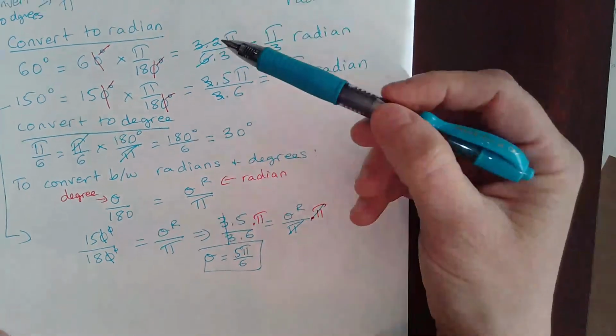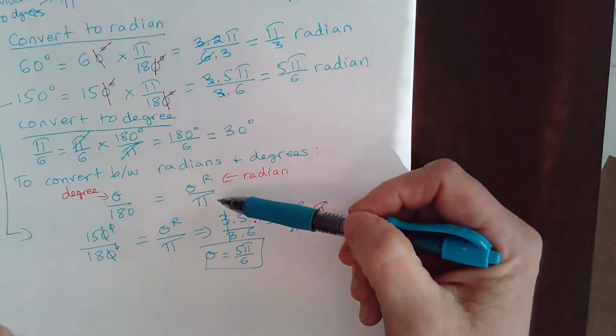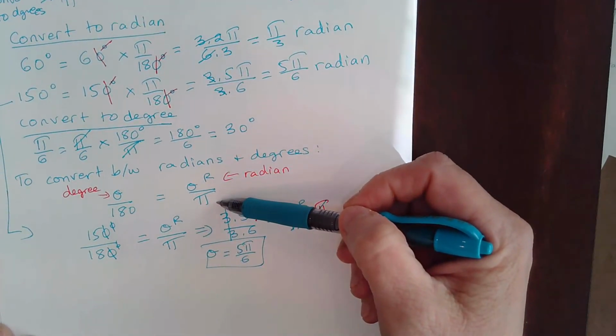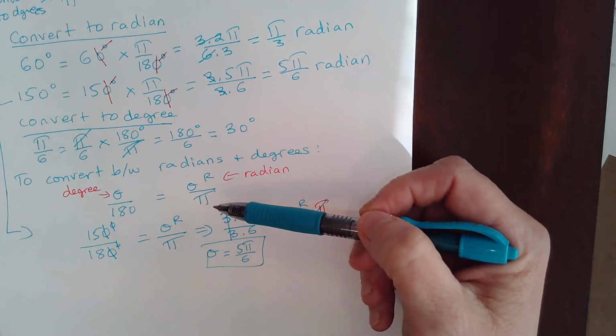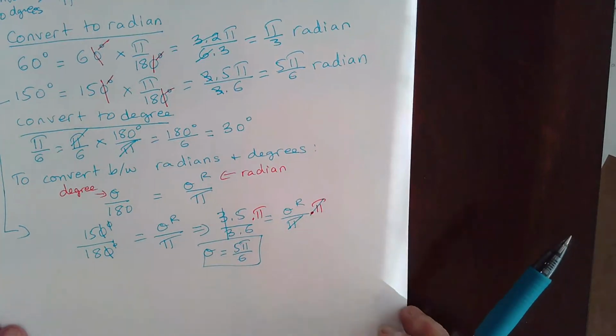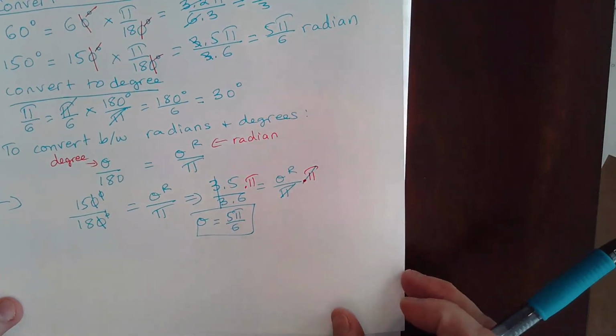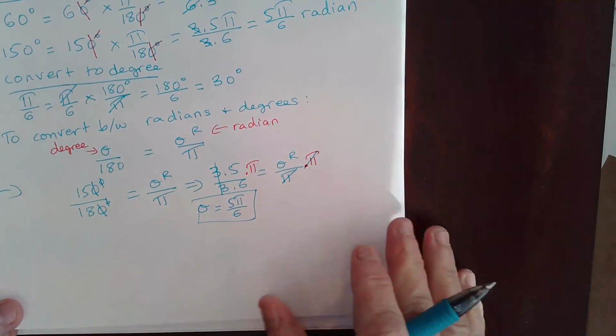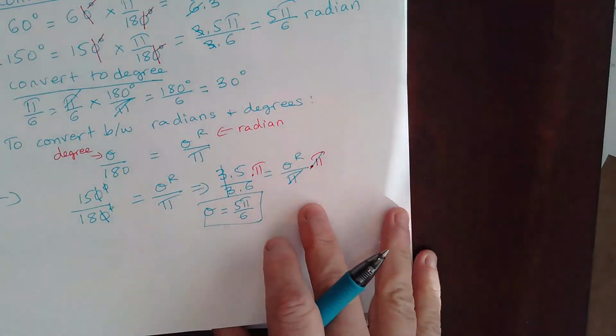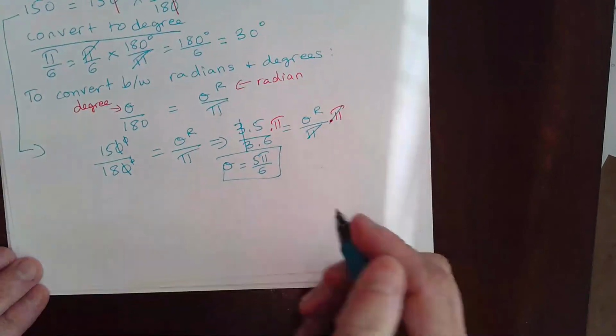So you may want to choose this, or you may want to choose this to convert from degree to radian or radian to degree. You can also do it in a slightly different way.